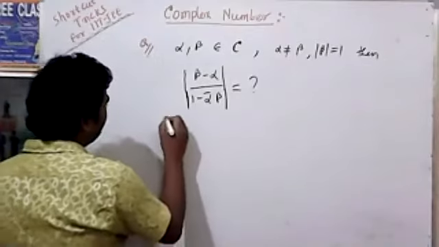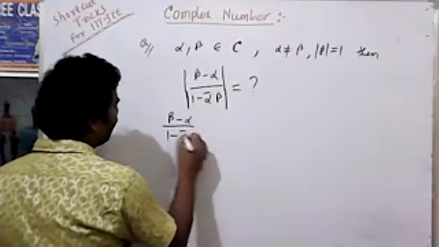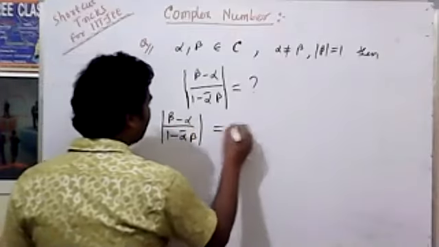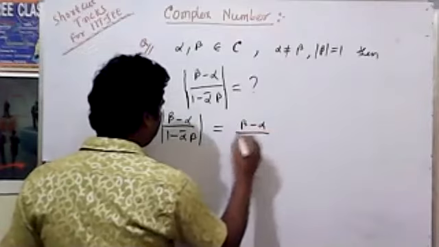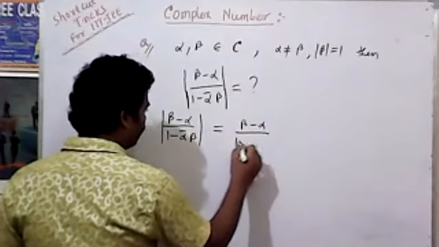The simple way is the magnitude of (beta minus alpha) by (1 minus alpha beta). You can say, instead of 1, write beta times beta conjugate, and take the magnitude, whole square.